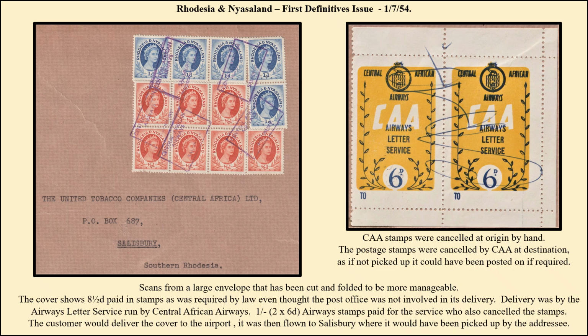The CAA stamps were cancelled by hand at the airport of origin. The postage stamps weren't cancelled at that point because, if required at destination, if nobody picked it up, it could still be posted.